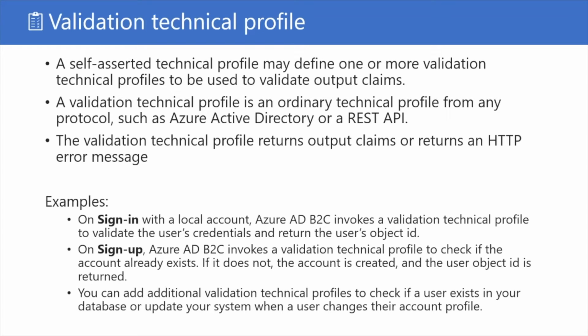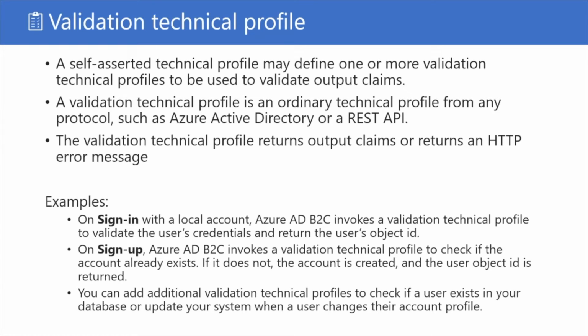So the next thing to discuss is validation technical profiles. A self-asserted, and only a self-asserted, technical profile can define one or more validation technical profiles, and these are used mostly to validate output claims, but they can also be used to supplement the process of collecting user input information.